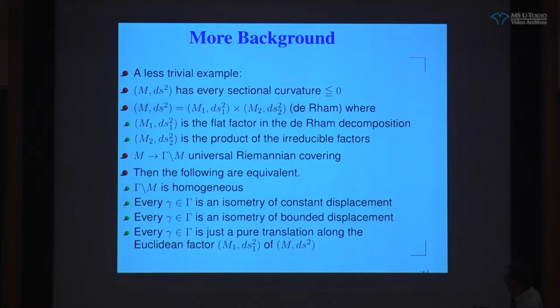And this, of course, is assuming that the sectional curvature is less than or equal to 0. First of all, that the quotient is homogeneous, also the isometry of constant displacement, or an isometry of bounded displacement, or just a pure translation along the Euclidean vector. Well, this is fairly straightforward.